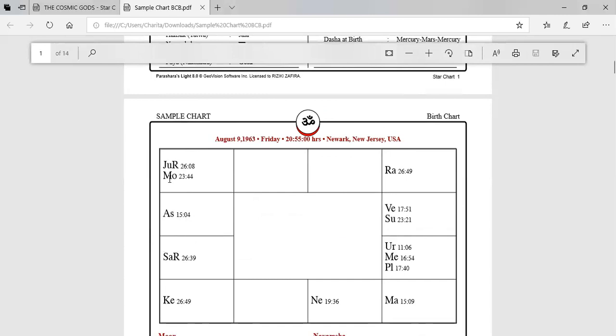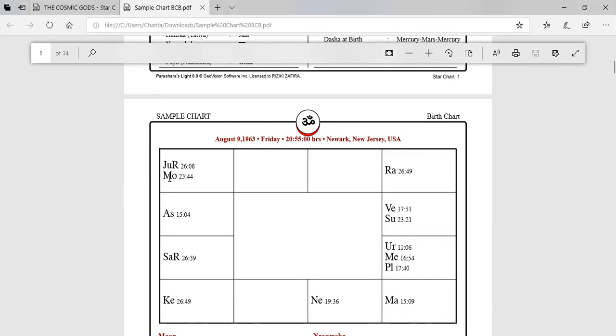They're going to use their moon sign as the first house. So for those of you who do not have your time of birth, you're going to underline, star, highlight the house that has the moon in it. That will be your first house. Okay, that's specifically for people who do not know the time of birth.